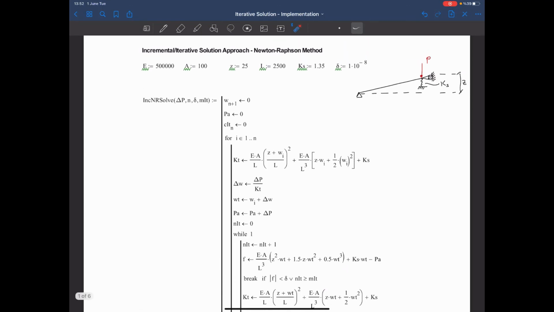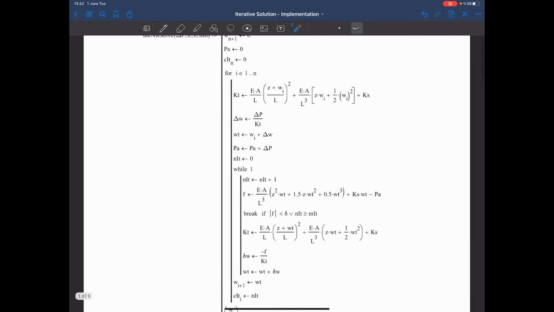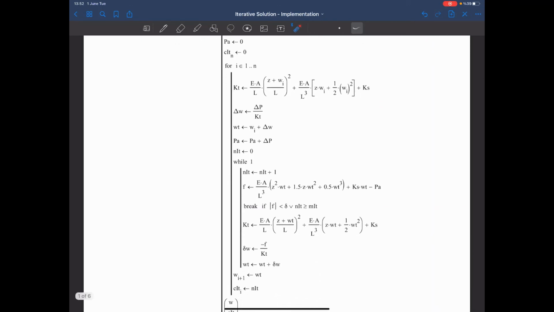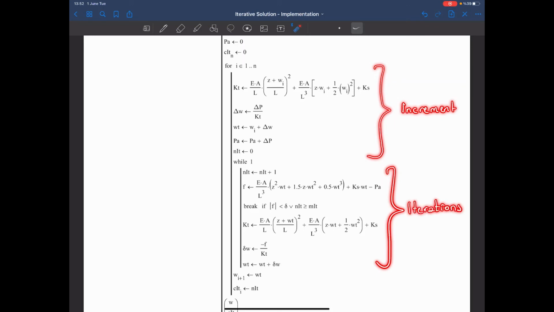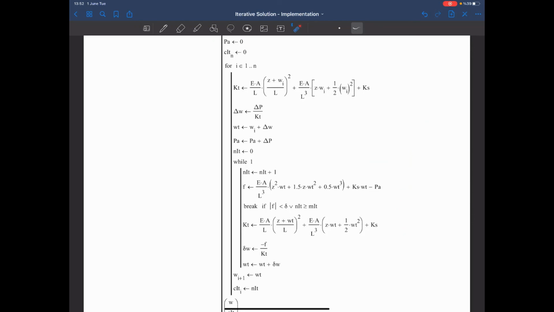Of course, we are using an incremental iterative solution approach to trace the full load deformation curve of this shallow truss example. Now, as a starting point, this part represents the increments, and this part represents the equilibrium iterations. So what I do here is, at every increment, I'm calculating the tangent stiffness matrix.